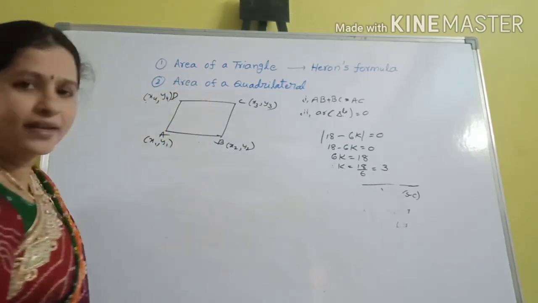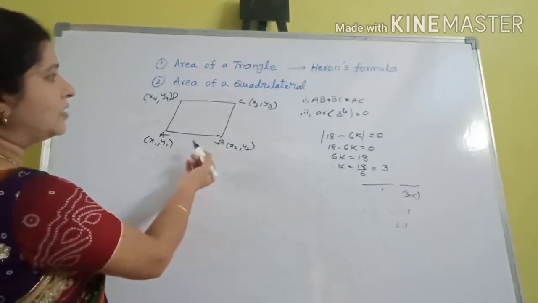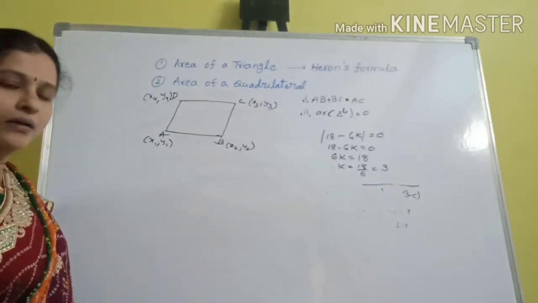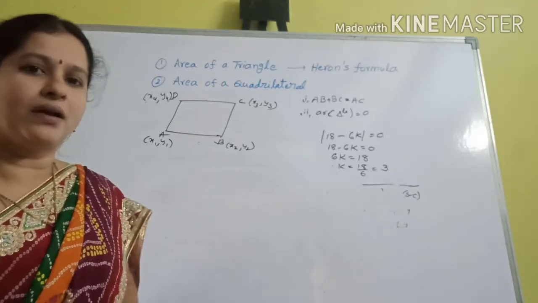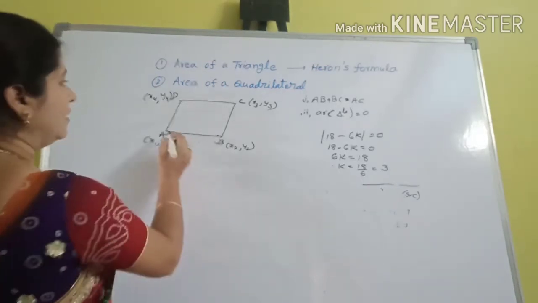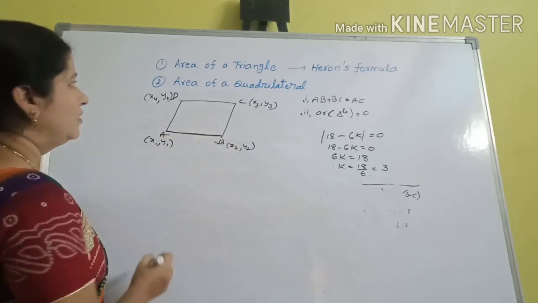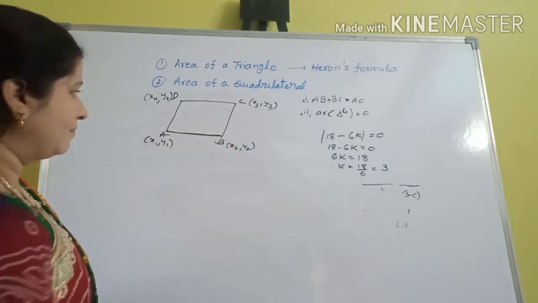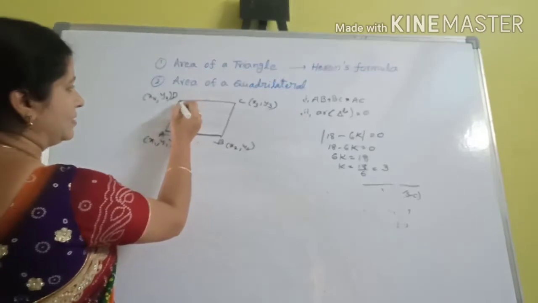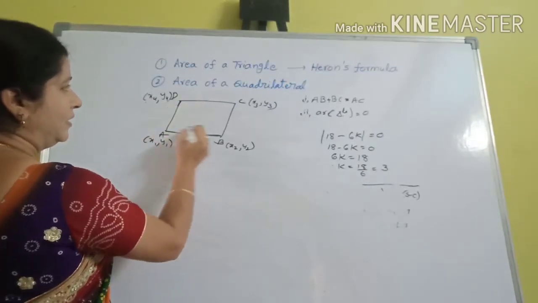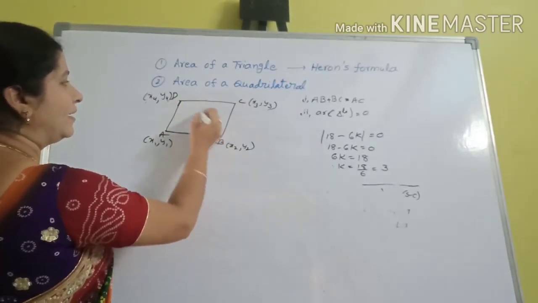How can you find the area of a quadrilateral? For this one also you have a separate formula, but it is a very lengthy formula. So we are using only the area of the triangle formula to find the quadrilateral area. Let us see how. Here it is a quadrilateral.